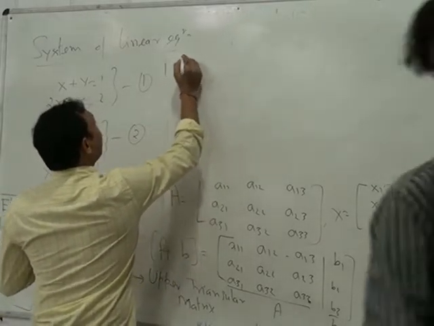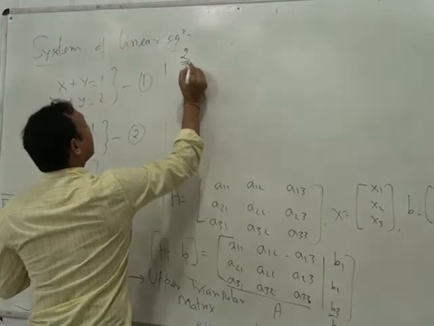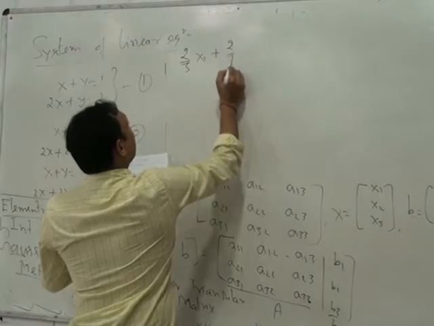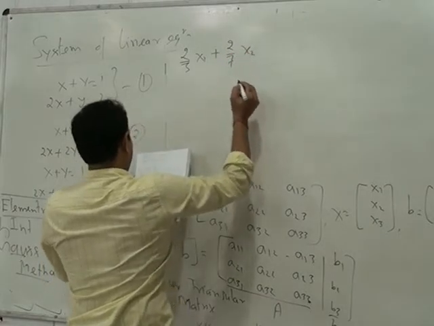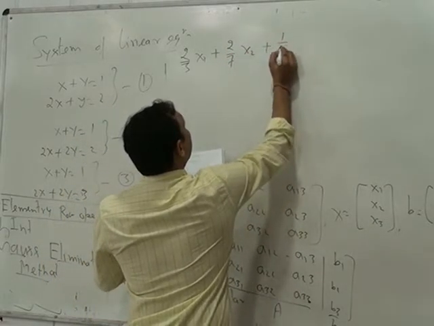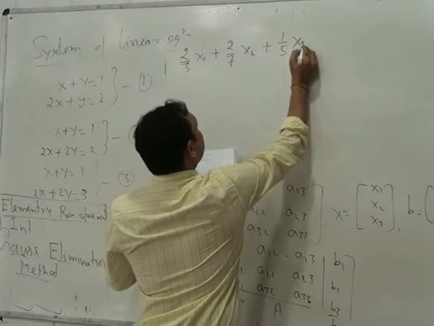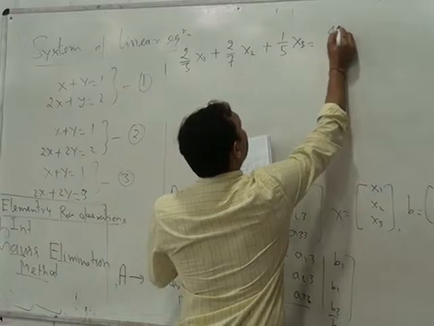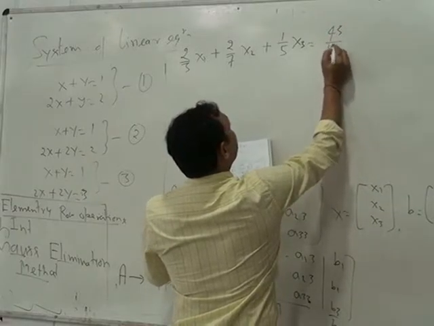So let me take a simple example. 2 by 3 x1 plus 2 by 7 x2 plus 1 by 3 equal to 43 by 50.